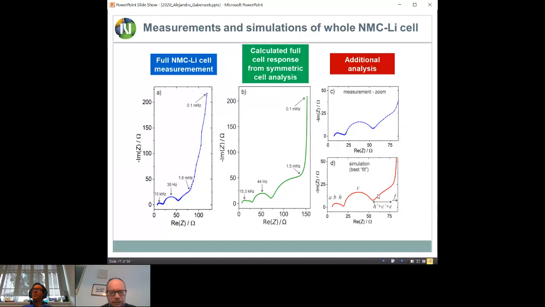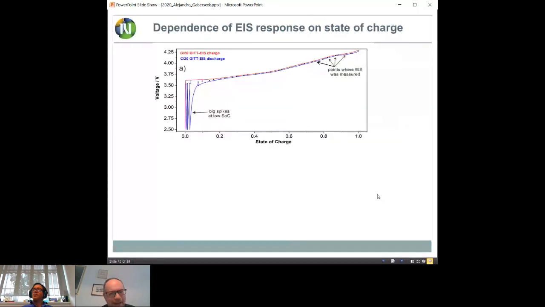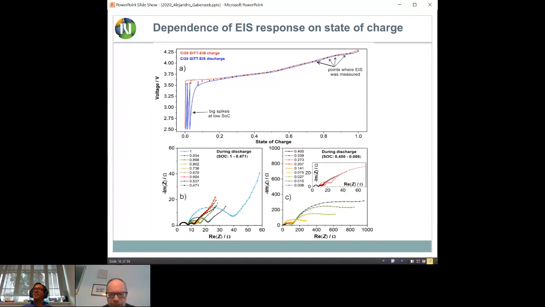Okay, so this was only an introduction, of course. Now you have to use this in a certain way. Here is the discharge curve for a typical lithium NMC cell, and at the designated points, impedance spectra were measured. So here are the measurements.